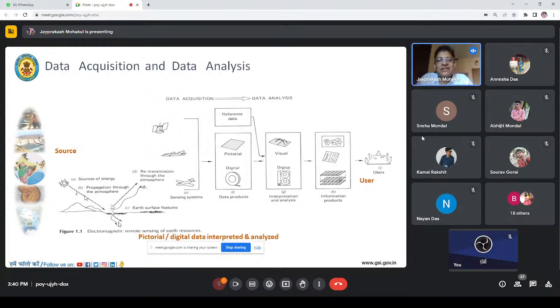And if you have a sensor here, a sensing system like a high-level aircraft or a satellite, then in addition to this information there are other things also incorporated, like scattering of material. We'll be discussing those things.